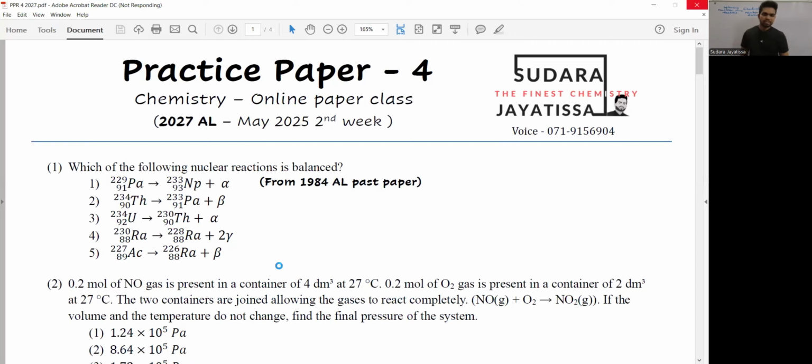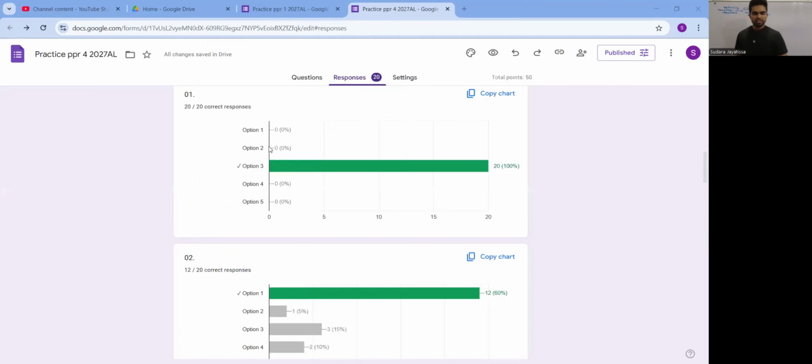Now let's see how to do this question. It's asking which of the following nuclear reactions is balanced. There are 5 nuclear reactions given. We have to figure out which one is truly balanced. So let's check what your answers are. Okay, now I can see there are 20 responses for the paper.